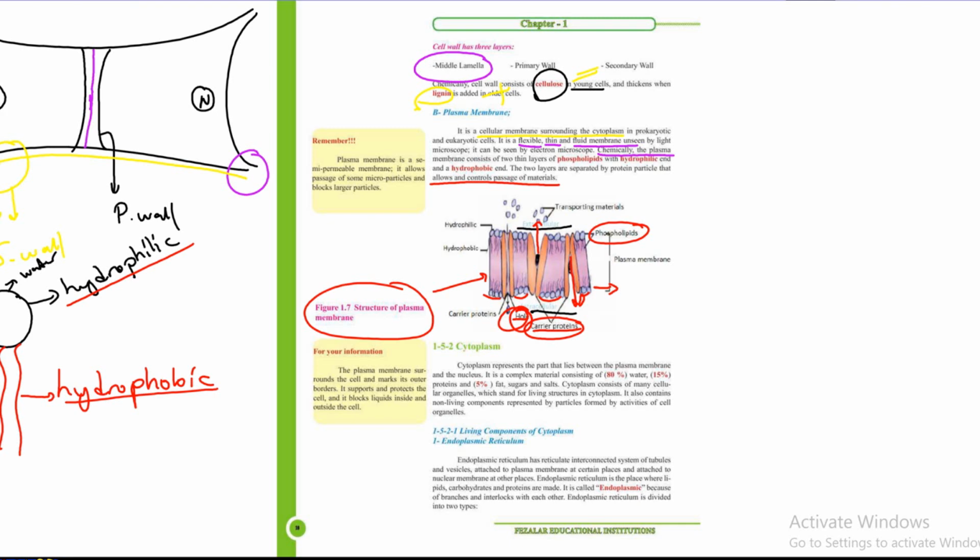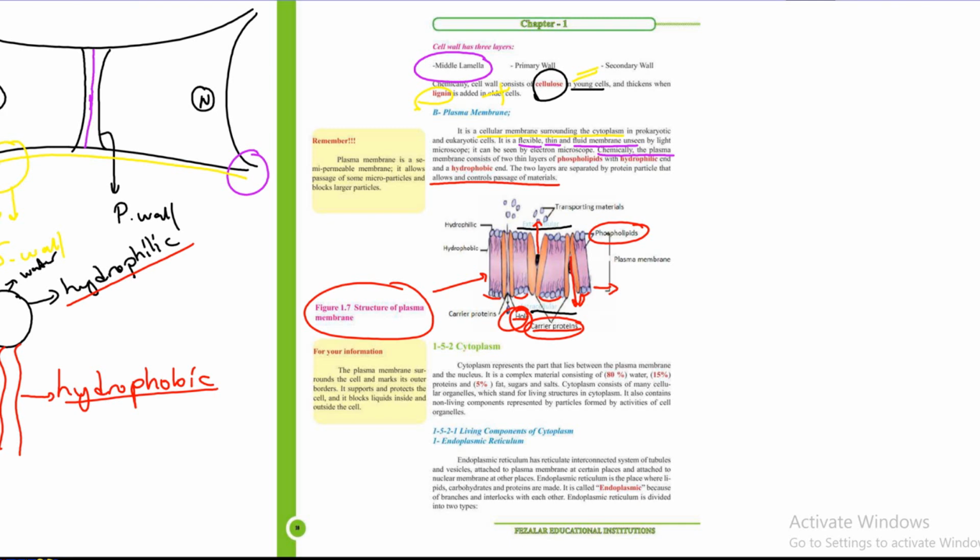As structure, the cell wall is a thick, solid structure that can be seen by light microscope, while the plasma membrane is a thin, flexible, fluid membrane unseen by light microscope. The cell wall chemically consists of cellulose, thickened with lignin, but the plasma membrane is chemically made up of 2 layers of phospholipids.